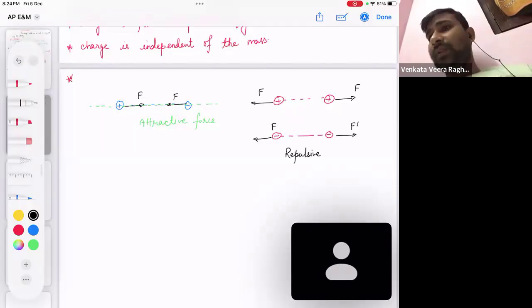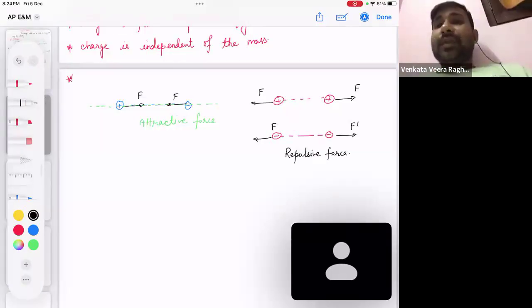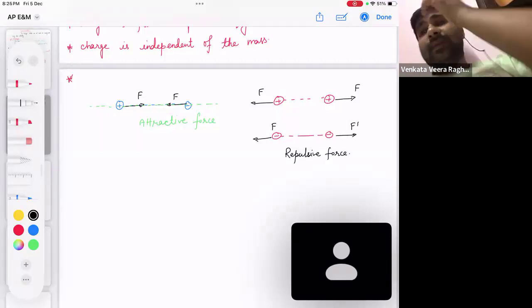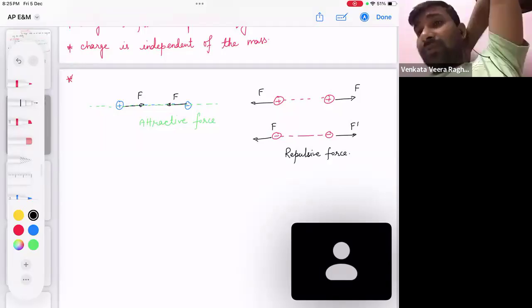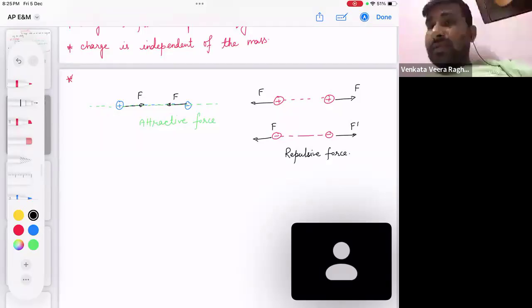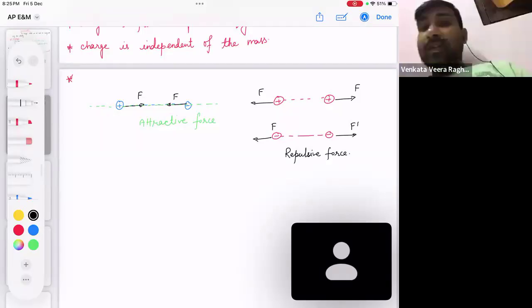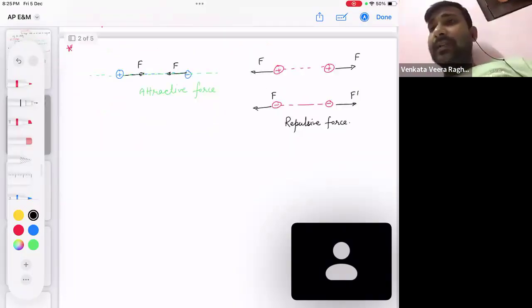Is that clear? So there are two types of forces, attractive as well as repulsive. But one thing we are sure about: the electrostatic force is always going to act along the line joining the two charged particles. Is that clear?